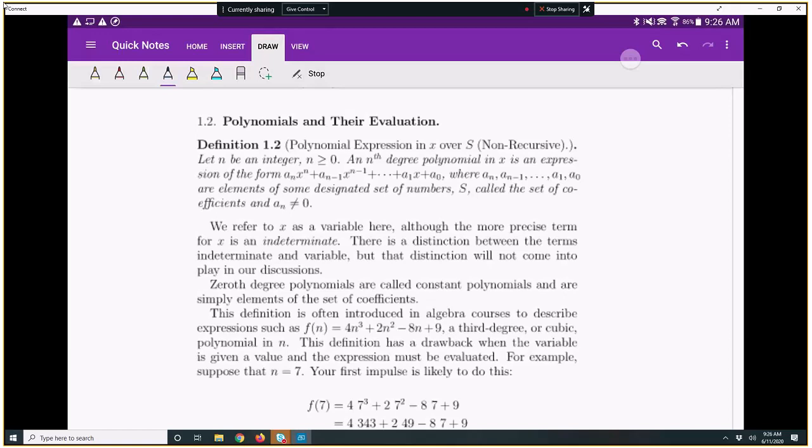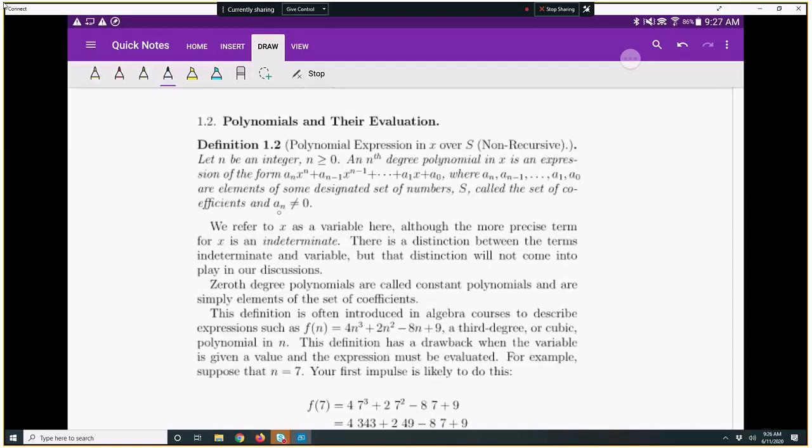If n is an integer greater than or equal to 0, then an nth degree polynomial in x is an expression of the form a sub n times x to the power n plus a sub n minus 1 times x to the power n minus 1 plus dot dot dot, eventually plus a1 times x plus a sub 0, where these coefficients a sub n minus 1, and so on, are elements from some designated set of numbers called the set of coefficients.